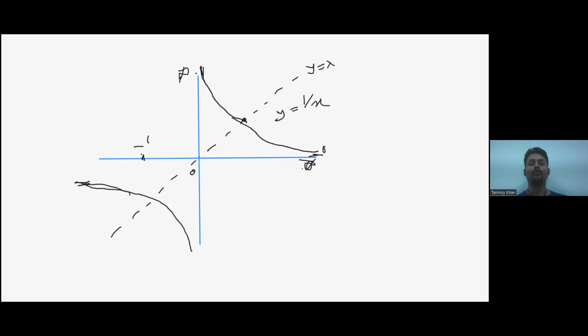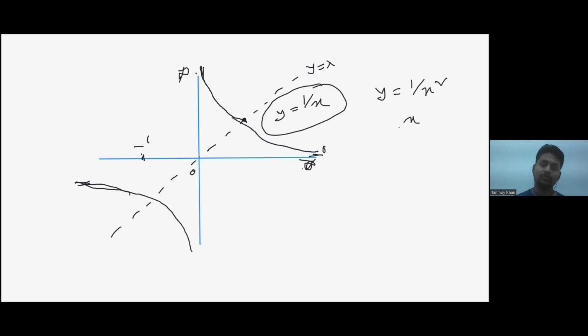So now the homework is y equals 1 by x squared. I'll just tell it right now. You can do it by this. So what will it be for y equals 1 by x squared? Just compare x by x squared, then you can get something. But if you compare with 1 by x, right?